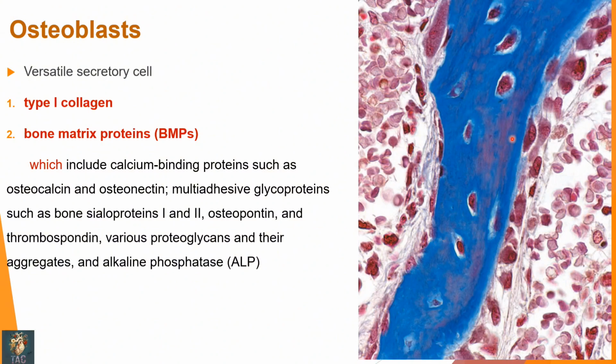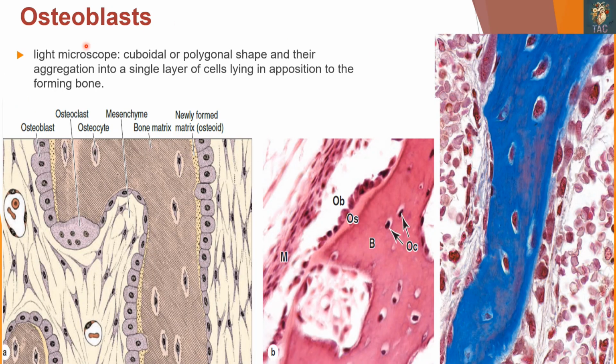That is why it is stained intensely with the basophilic dyes. So on light microscopy, you can see these cuboidal shaped cells which are the osteoblasts, and their aggregation into a single layer in a position of forming bone. So this is the section of the bone where the osteoblasts are present in a single layer of cuboidal shaped cells.